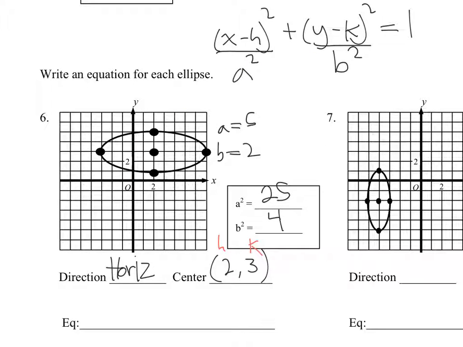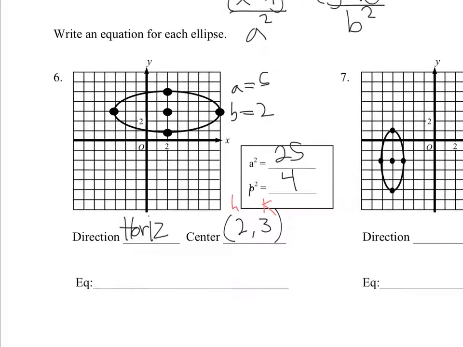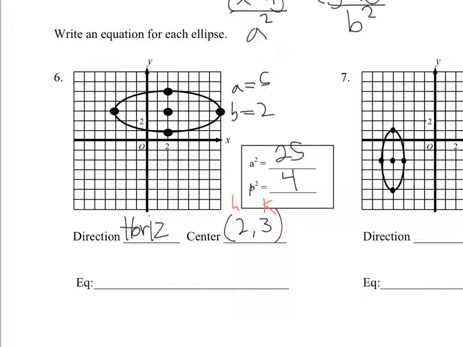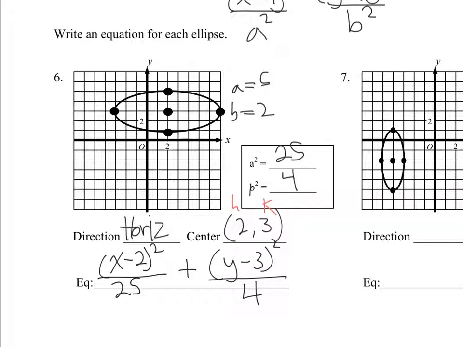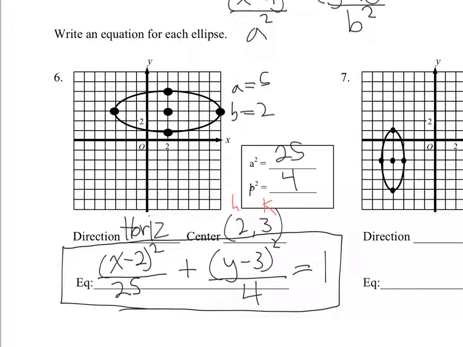And we end up with x minus 2 squared all over 25 plus y minus 3 squared all over 4, and that equals 1. And we are finished. We came up with the equation given the graph.